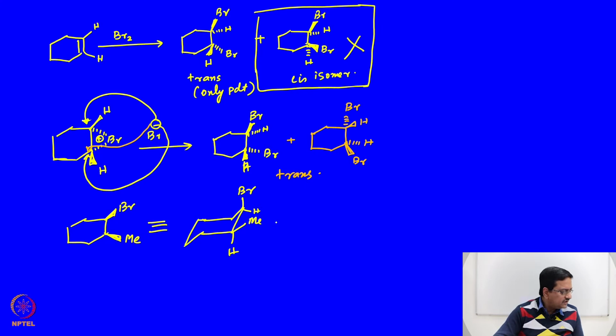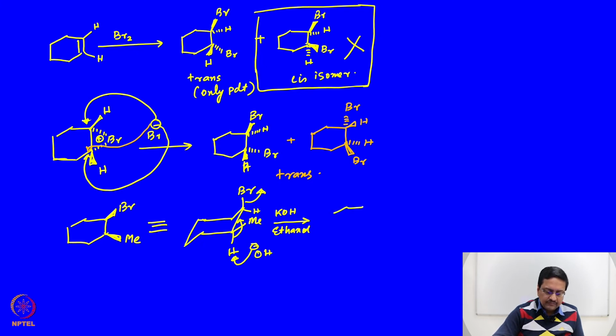If you do an elimination reaction on this compound using KOH in ethanol medium, OH minus will take away this proton. As a result, a double bond will form here and bromine will be eliminated.